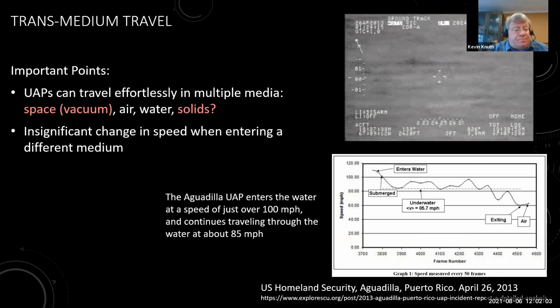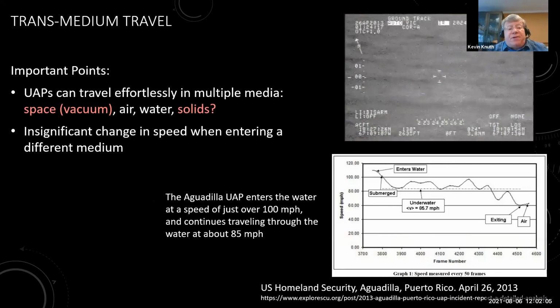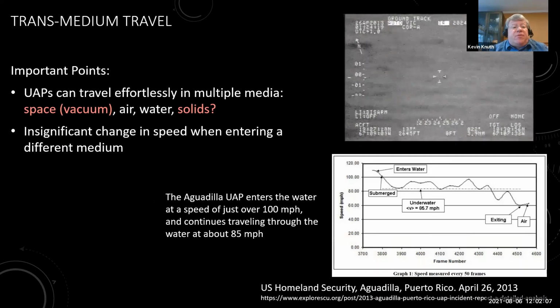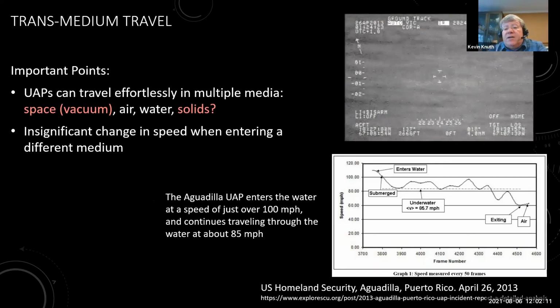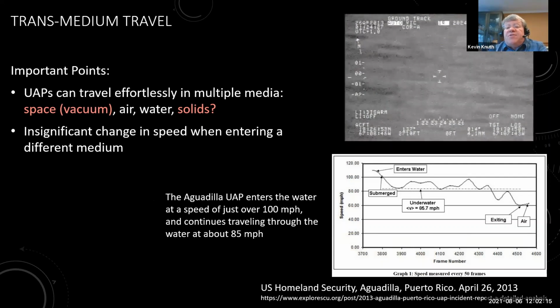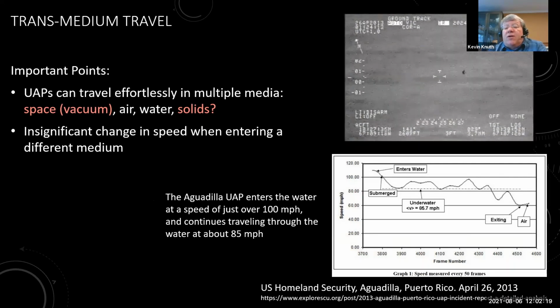Transmedium travel. UAPs can travel effortlessly in multiple media, from air to water, as you can see illustrated here on the video on the upper right. This is again the Aguadilla, Puerto Rico case, and this is after it's headed out to sea, and you can watch the object actually travel underwater.